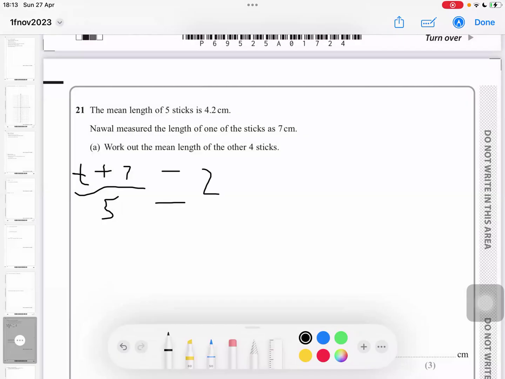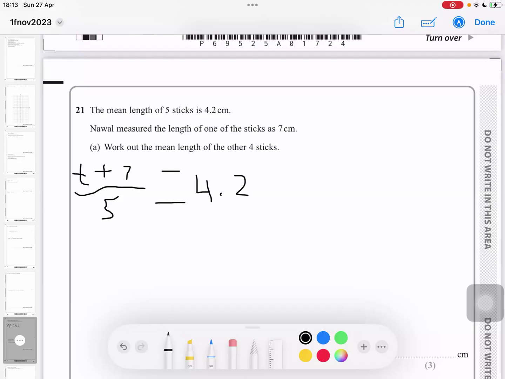So 4.2 on the right hand side. The average, 4.2. Yes. Exactly.